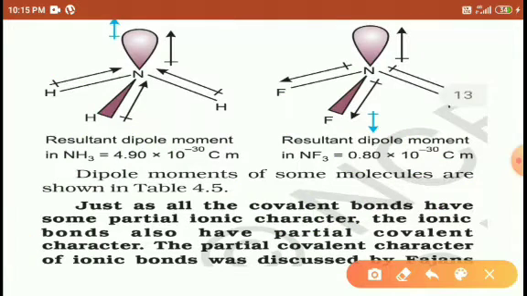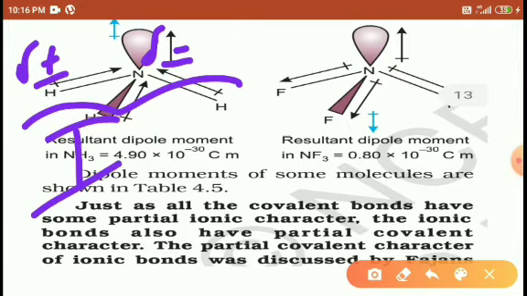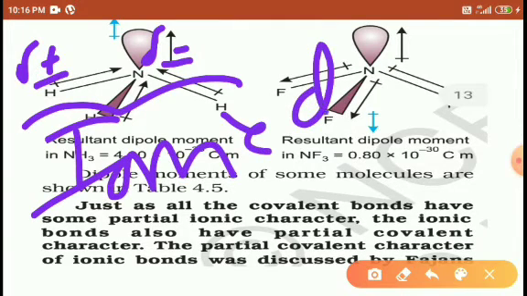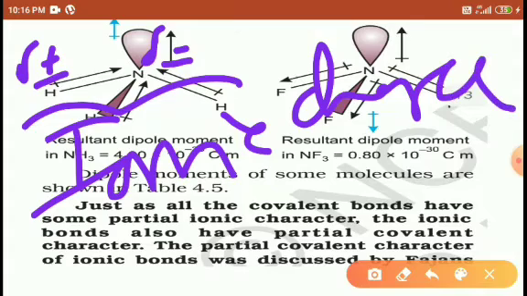It means when a covalent bond is present between two elements of different electronegativity, the pair of electrons is slightly shifted toward the more electronegative element. So partial positive delta plus and partial negative delta minus charges are developed. Partial charges developed means ions, so it is considered as ionic character.